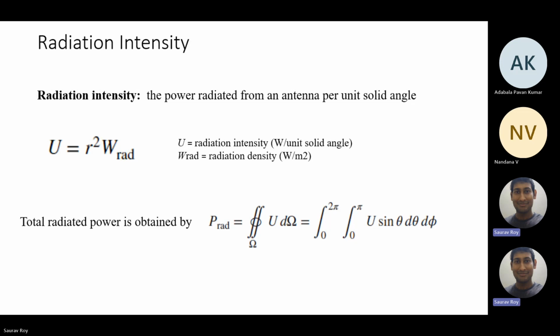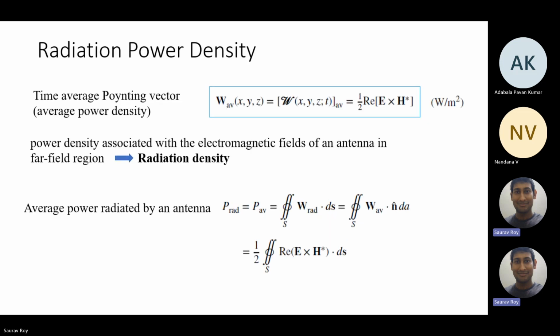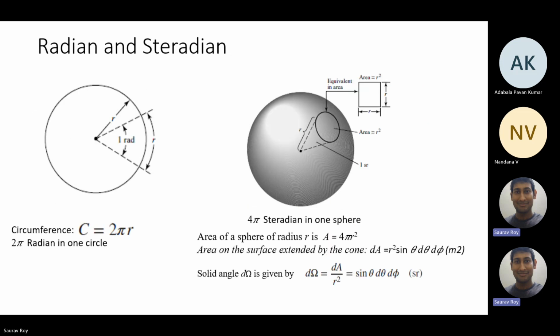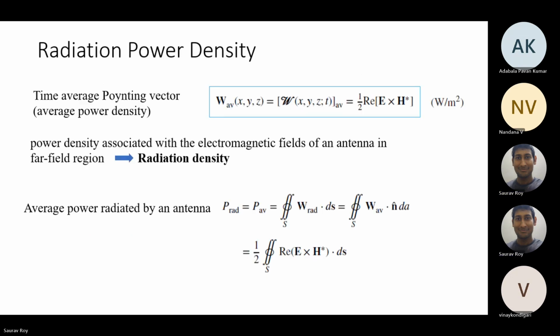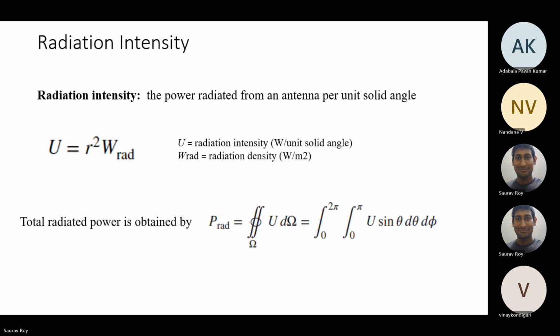If you calculate, d omega is sine theta d theta d phi, which comes from the same equation again. This equation, as you see, is very vital. You must remember this one. From this you can calculate the total radiated power.